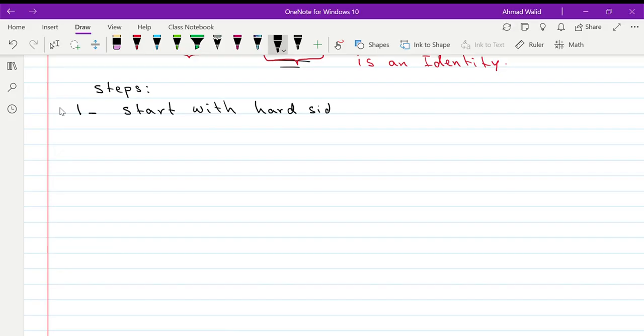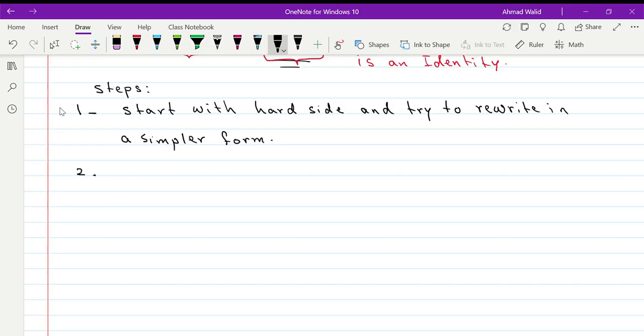Start with that side and try to rewrite it in a simpler form, correct? That will be your step 1.